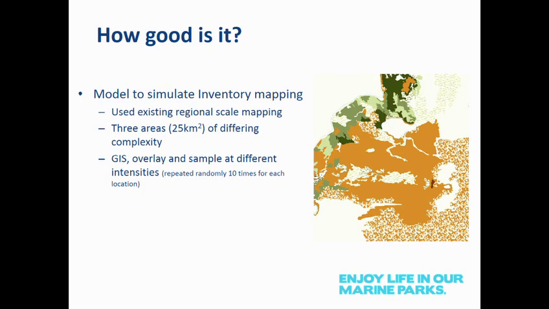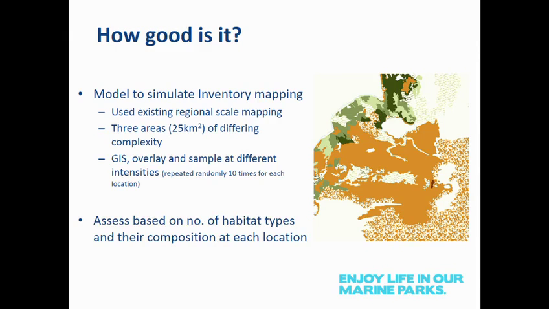So we've taken existing regional scale mapping, and we've chosen a number of areas around the state to represent different levels of complexity and different habitat types. We've overlaid each of those with a range of sampling grids at different intensities, and then repeated that process a number of times to get an idea of how effective that resolution of sampling is at giving us a good picture of what's there.